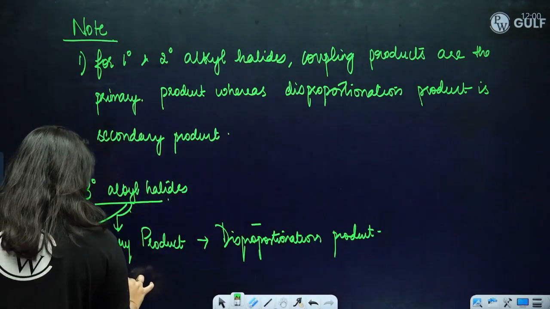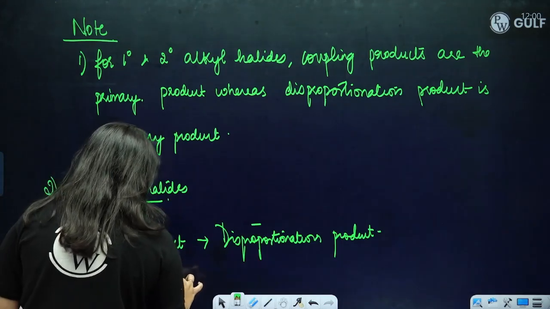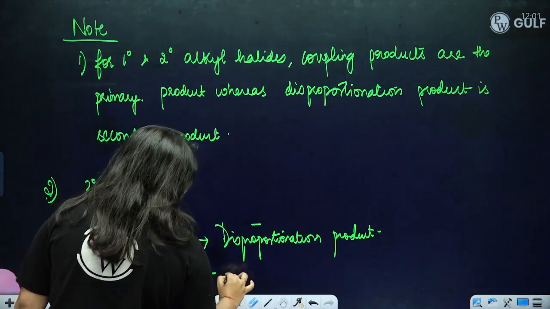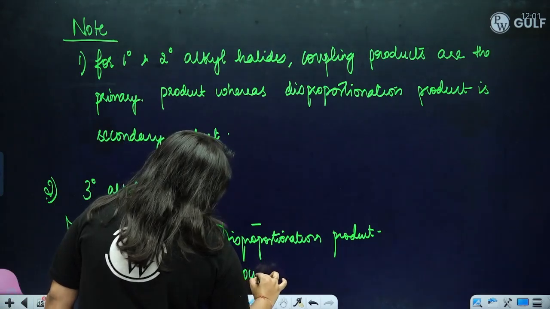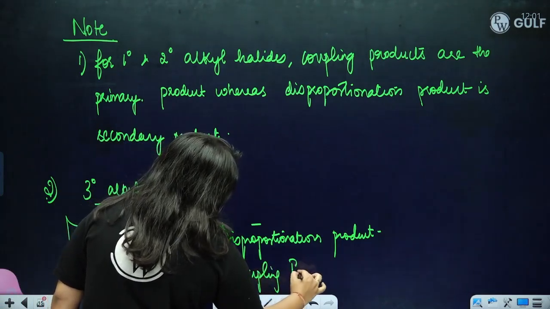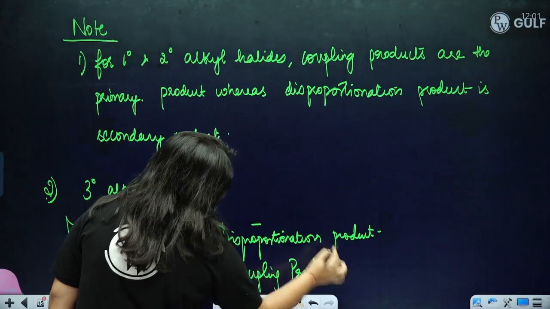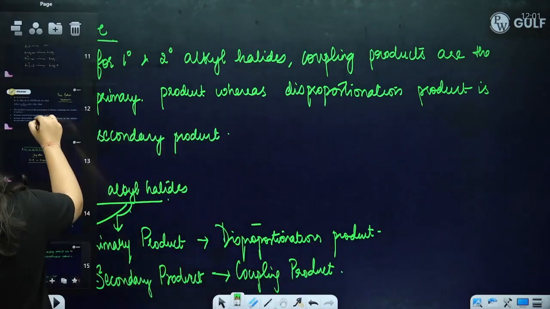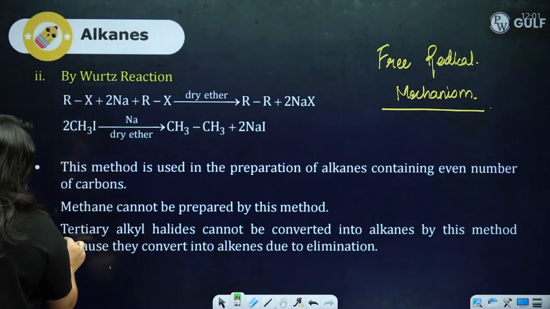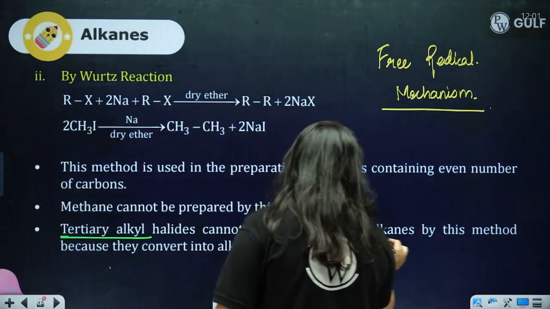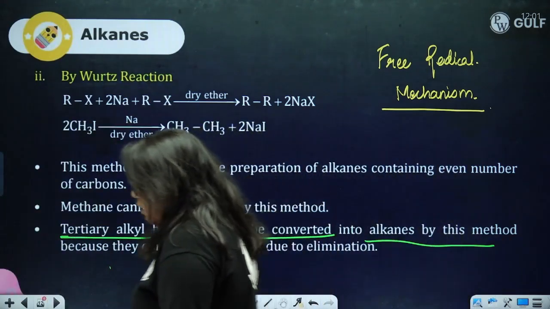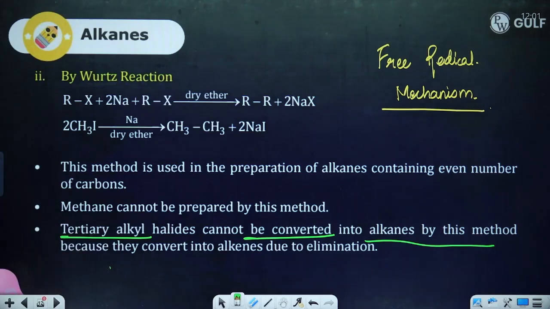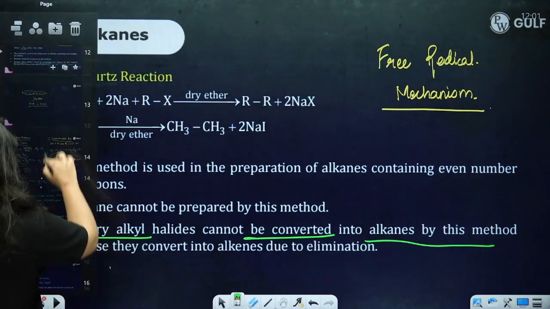Secondary product is coupling product. So now, based on all of this explanation, this particular line will make sense that tertiary alkyl halides cannot be converted into alkanes by this method, because they give rise to disproportionation product. Now, this is about Wood's reaction.